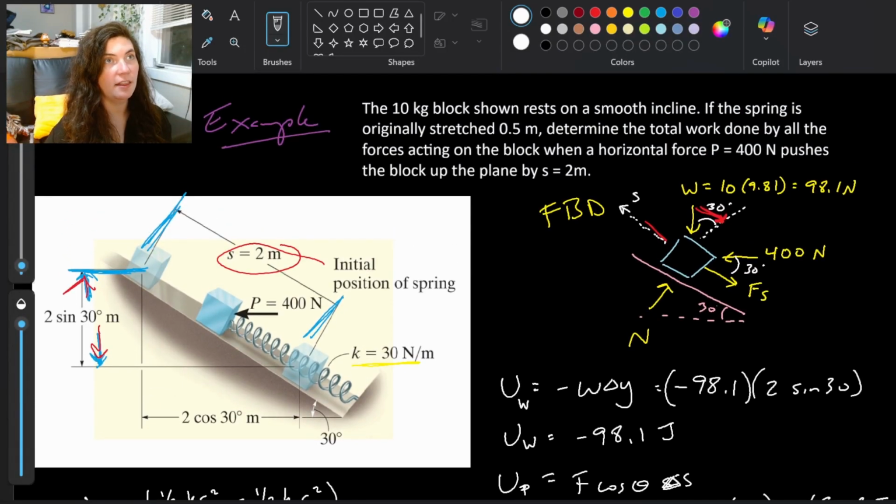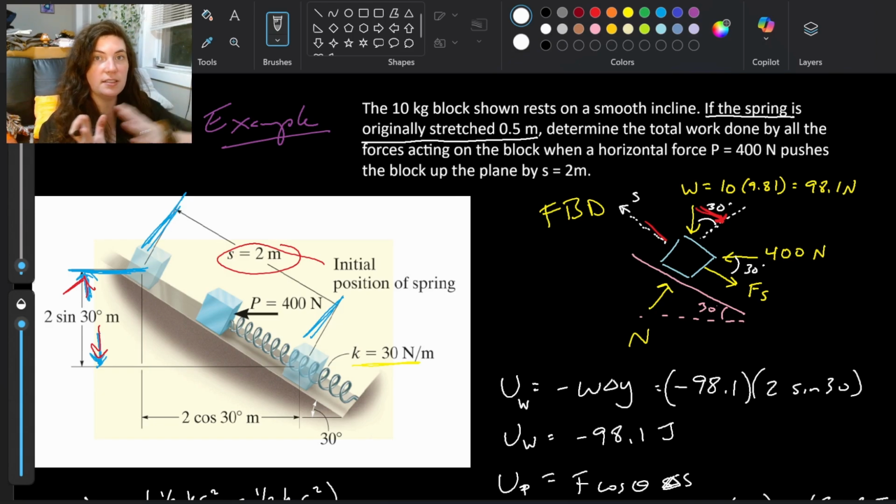Bear in mind that the original question told us that the spring is originally stretched 0.5 meters. So not only is S moving that additional 2 meters, but we have to keep in mind that the original S, S1, is 0.5, which means S2 isn't actually 2, it's the 2 plus the 0.5 that it was already stretched. So in total, at S2, this thing has been stretched 2.5 meters. So that's the S2 that we have to put in.